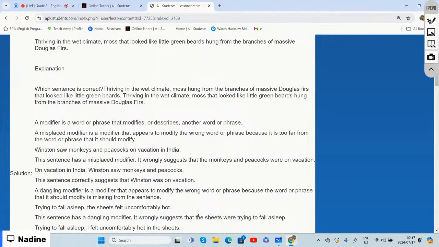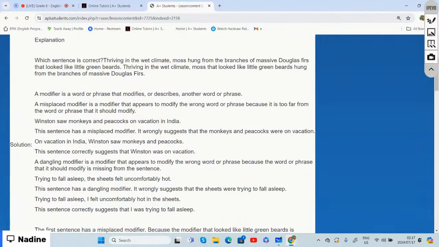And we made an example where we said Winston saw monkeys and peacocks on vacation in India. That sentence sounds as if the monkeys and the peacocks were on vacation, not just that he saw them. Which means that that sentence has a misplaced modifier.